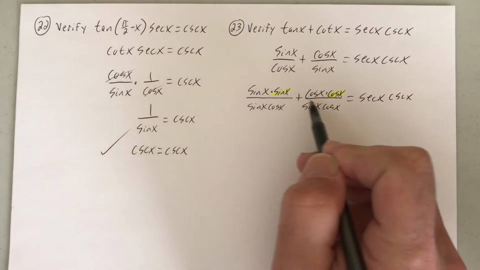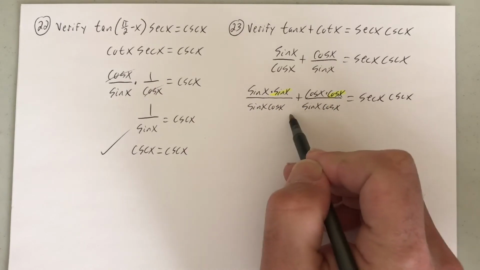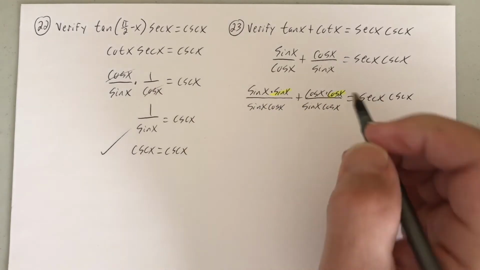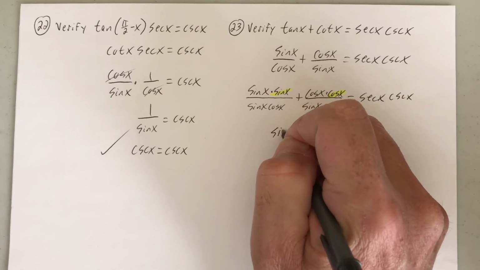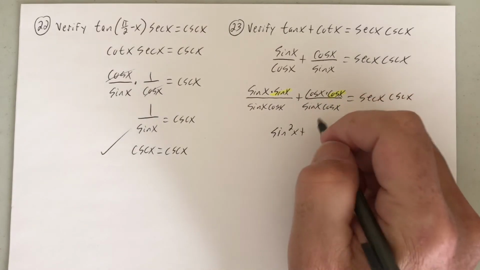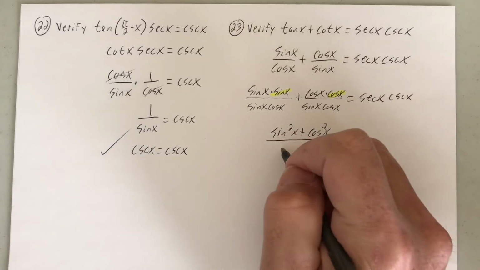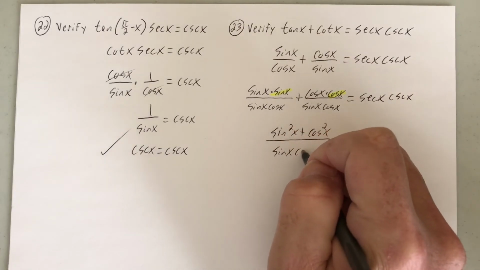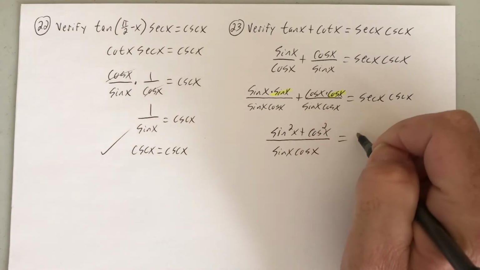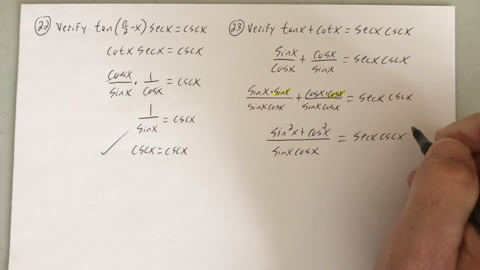I can go ahead and combine these into one fraction with this plus this over my common denominator. Well, sine x times sine x is sine squared x plus cosine x times cosine x is cosine squared x over my common denominator. And that's going to equal, we hope, secant x cosecant x.